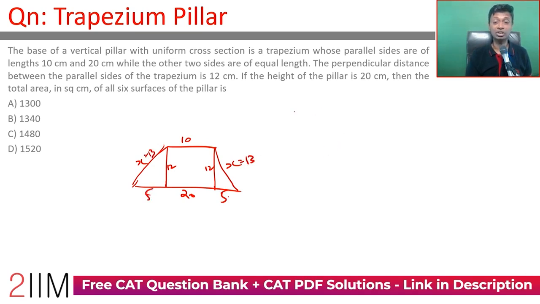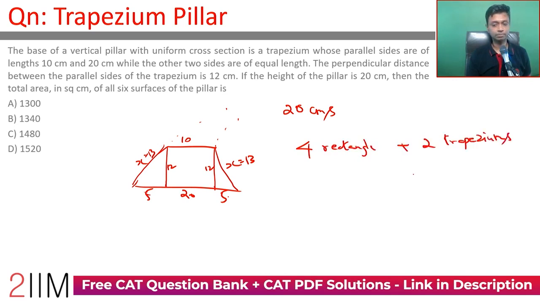Height of the pillar is 20 centimeters. Then the total area in square centimeters of all 6 surfaces of the pillar. Remember that the pillar is erected on top of this. And so that particular pillar will have as its sides 4 rectangles plus 2 trapeziums, one on the top, one on the bottom.